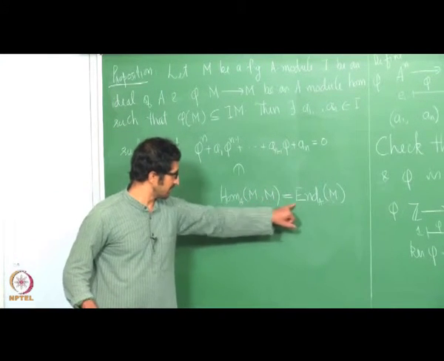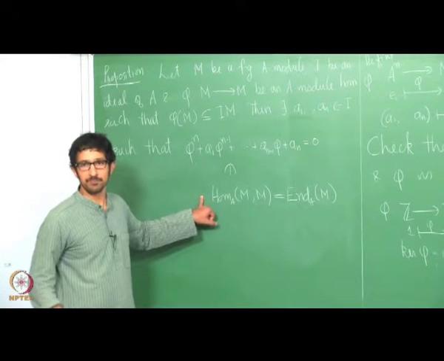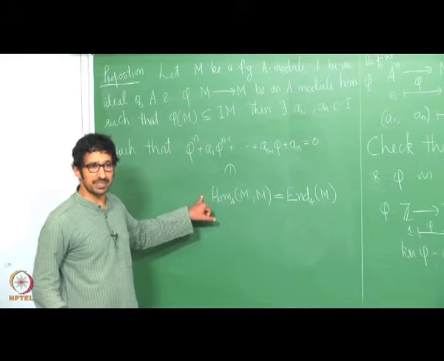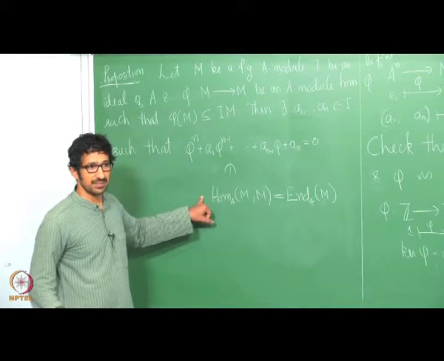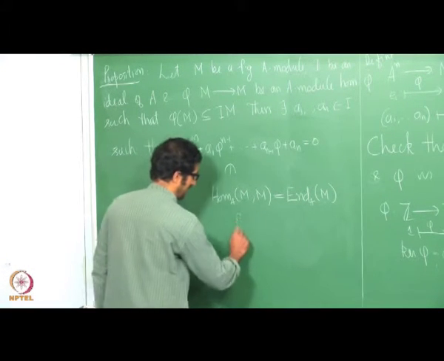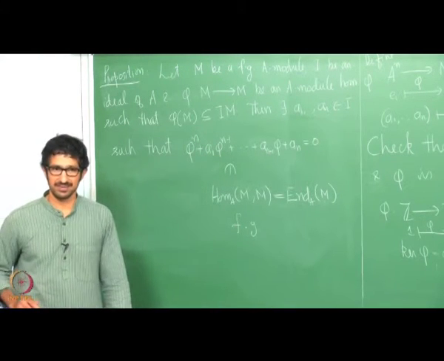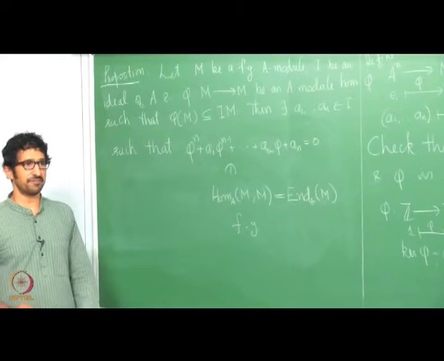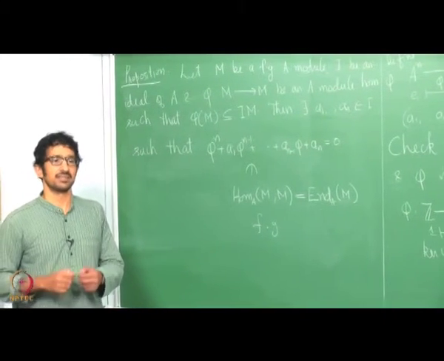If I look at hom(M, M), this has a natural multiplication, the composition. If I take F and G, F times G is their composition.